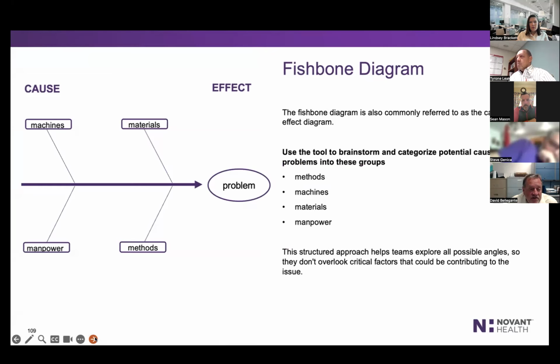So you've got your stated problem, and then the causes when it comes to machines, materials, and so on. You would have little identifiers at each one of these fish bones. Like underneath materials, you might have something that's not readily available, or you don't use it. There are all kinds of possibilities of using the fishbone to identify any deficiencies, or actually pluses as well. It doesn't just have to be a deficiency.